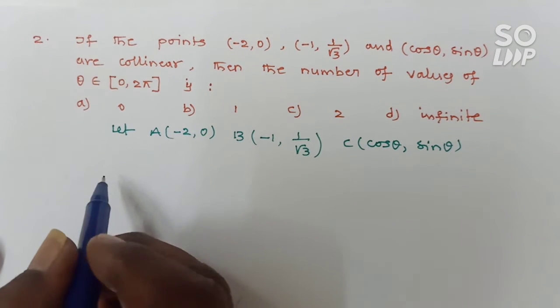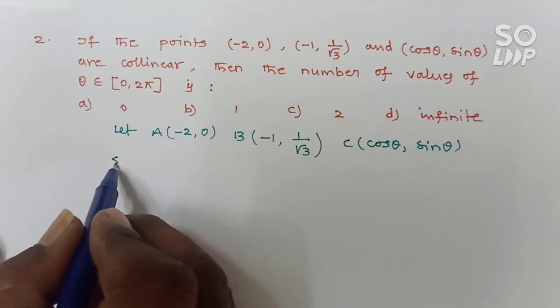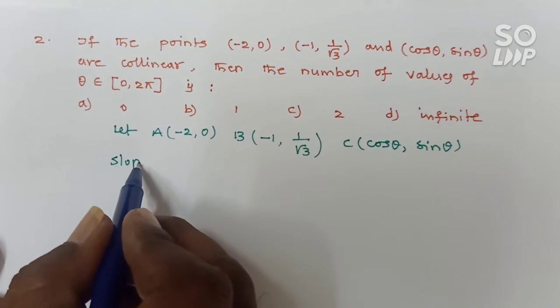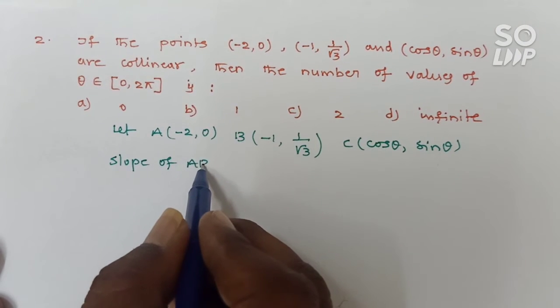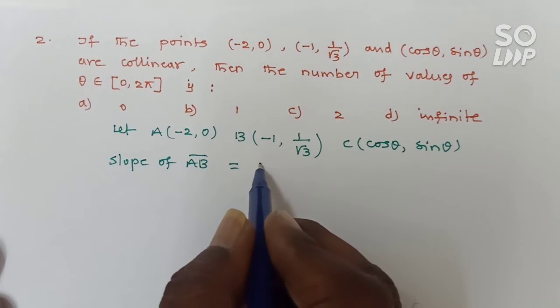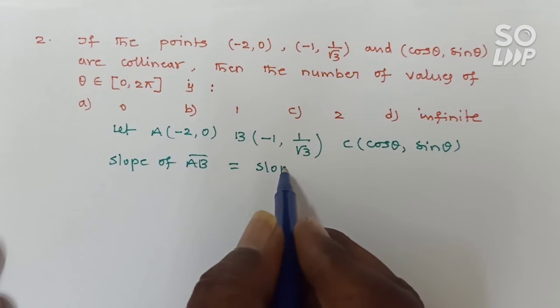So then you write that slope of AB is equal to slope of AC.